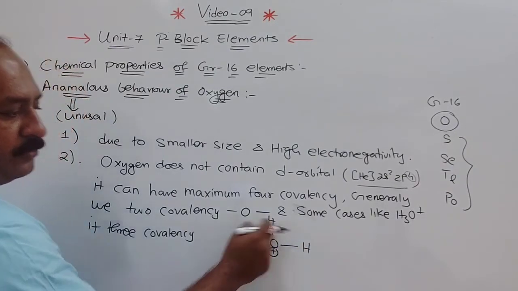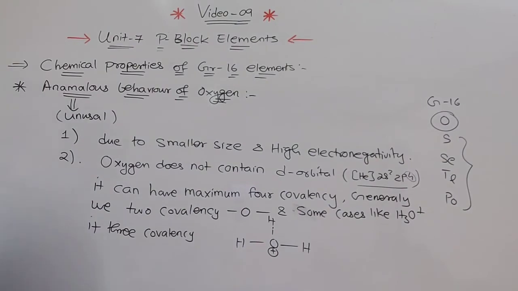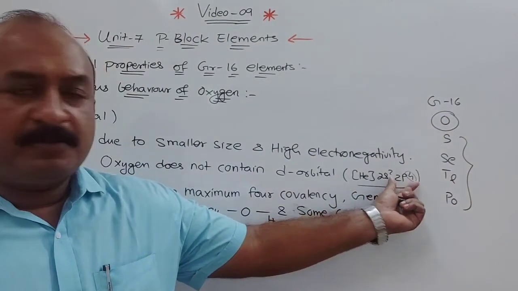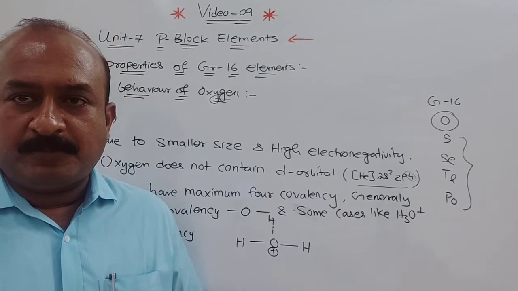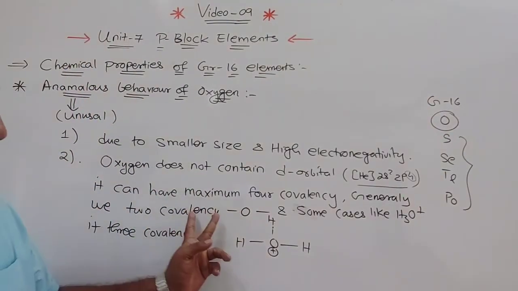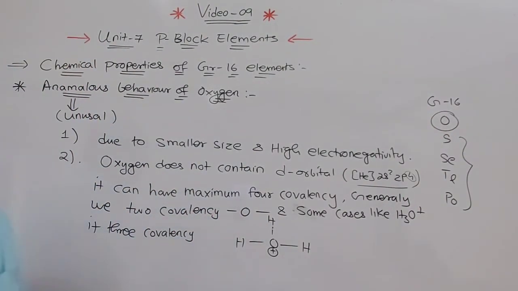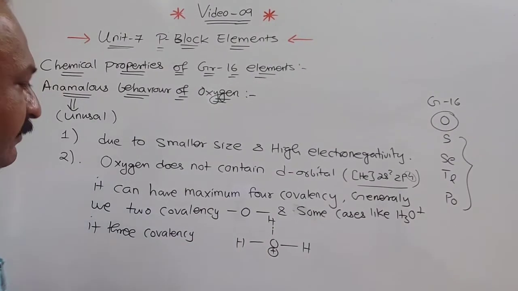Understood? So in the p orbital 4 electrons can form covalency, but generally we see 2 covalency, and 3 covalency in H3O+. So this is one property that is different.